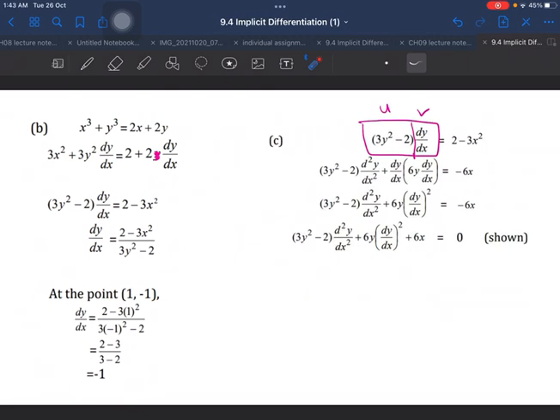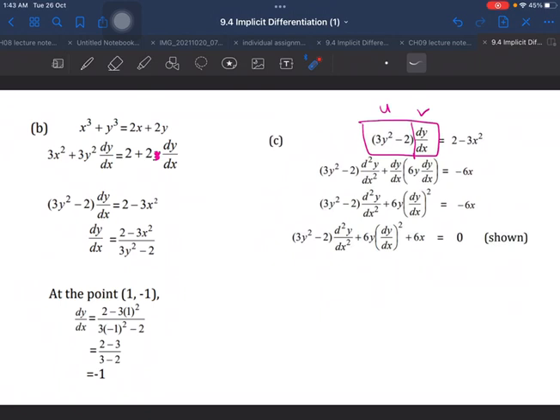And then we expand or simplify. We get 3y squared minus 2 times d squared y over dx squared plus 6y times dy over dx squared equals 6x. And then bring 6x to the left side.